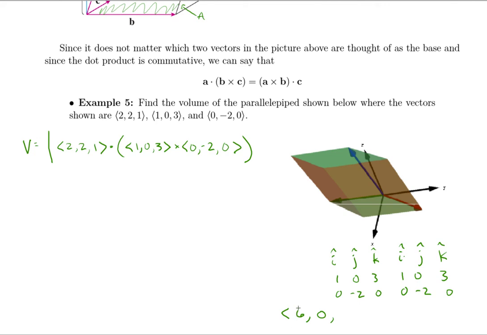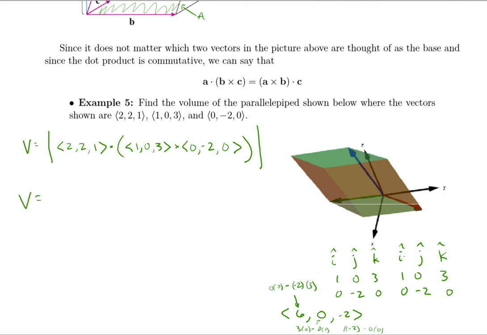Maybe I should be writing this out here. 6, so that was 0 times 0 minus negative 2 times 3. This 0 here was 3 times 0 minus, what did I say, 0 times 1. And then my k is going to be 1 times negative 2 minus 0 times 0, so negative 2. So that's my cross product.